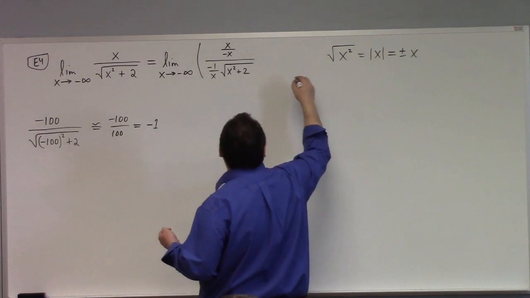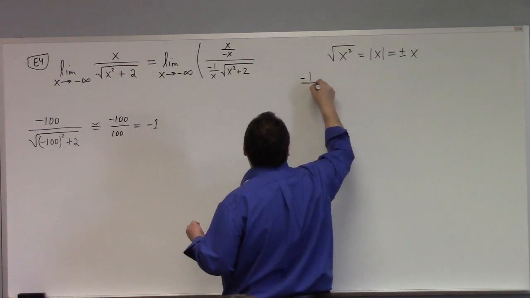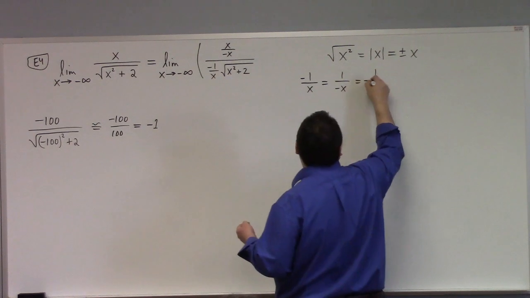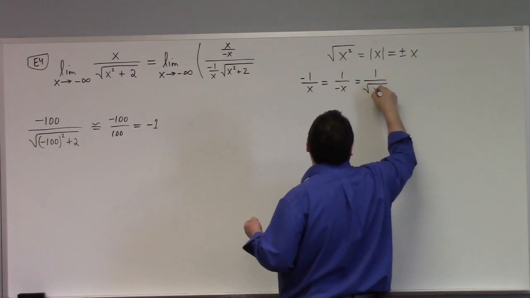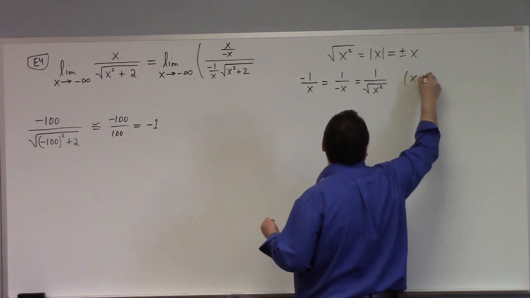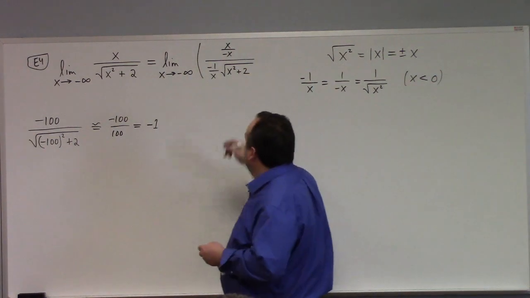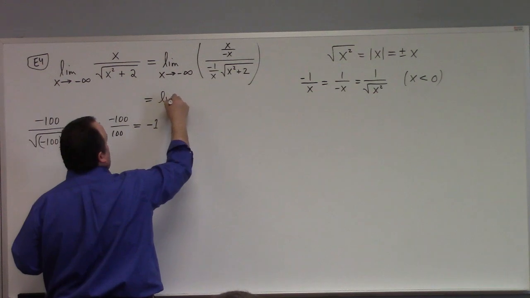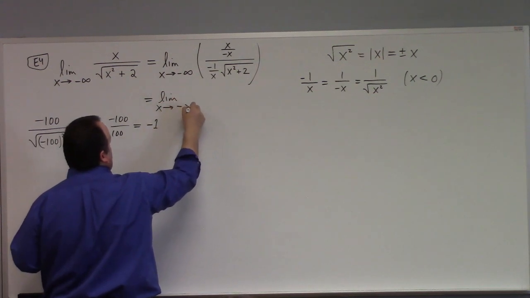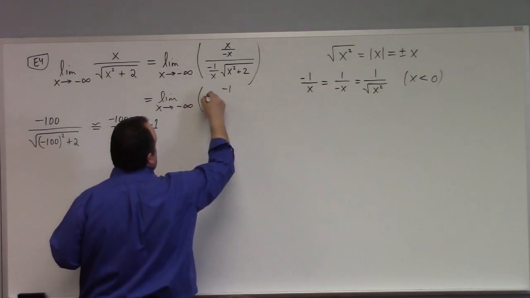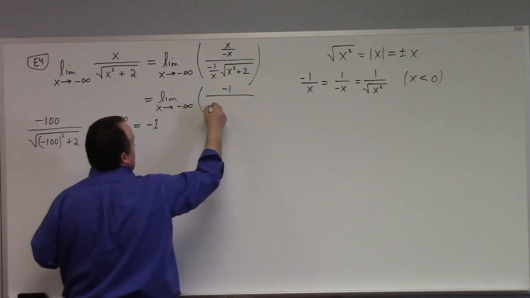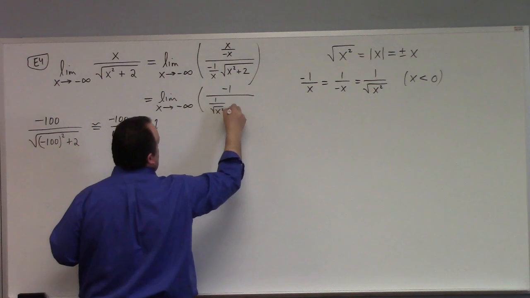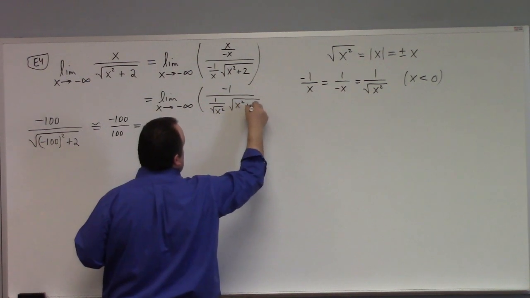See, because really, let me just do the math over here. Minus 1 over x, of course, is 1 over minus x, which, by the way, is 1 over the square root of x squared for x less than 0. So if I do that, I have the limit as x goes to minus infinity of minus 1 divided by, well, that's 1 over the square root of x squared times the square root of x squared plus 2, right?